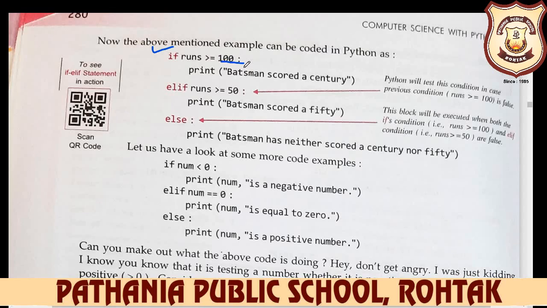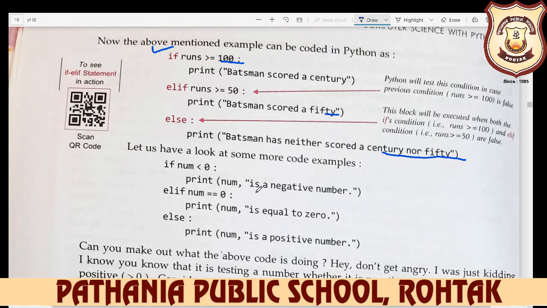Elif runs greater than or equal to 50, then write batsman scored a 50. Else, otherwise, print batsman has neither scored a century nor 50.